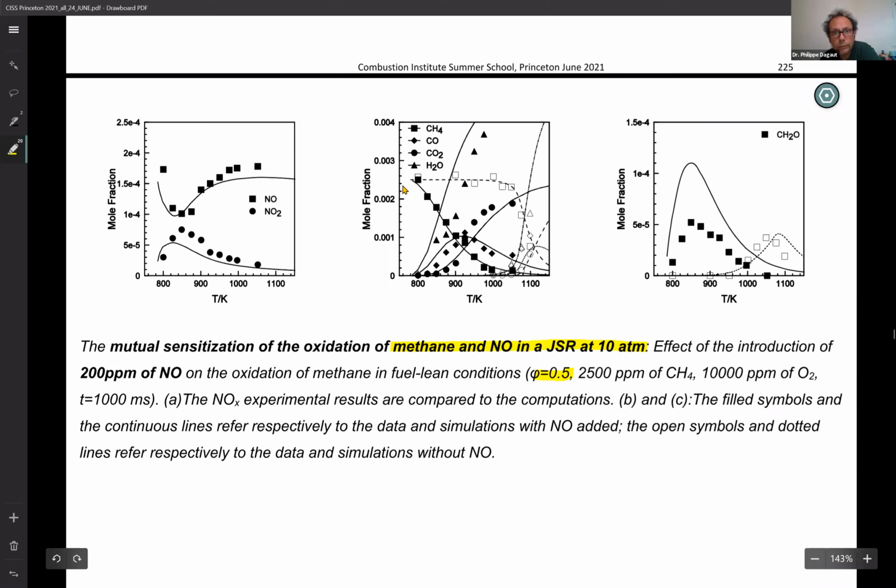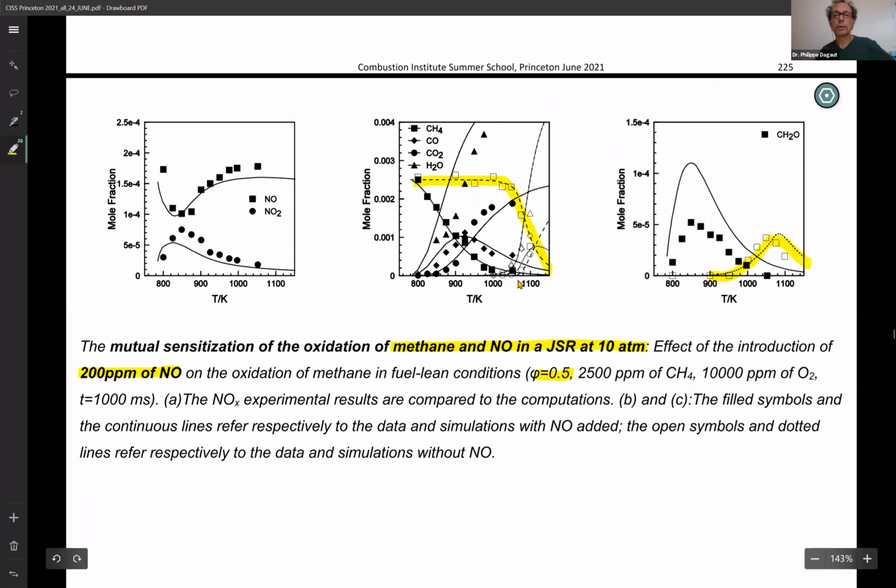And once you introduce 200 ppm of NO, there is an even bigger effect since the reaction starts just above 800 Kelvin, whereas here you have to wait until 1060 K to get some reaction.